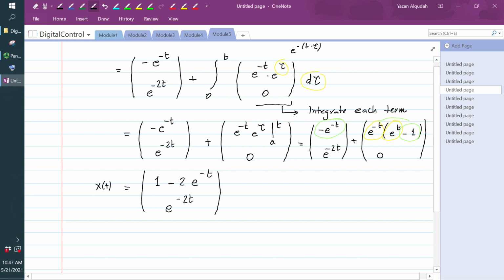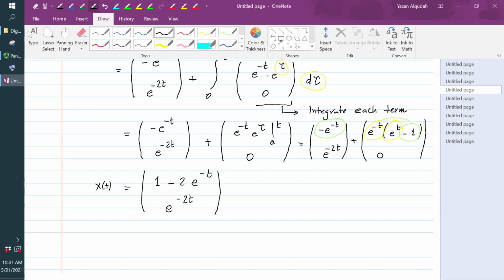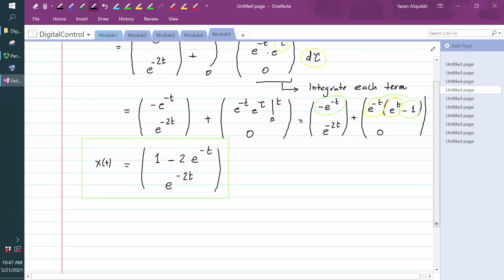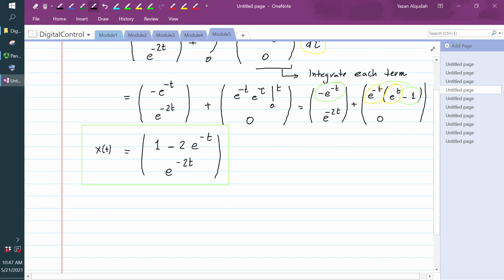So here you can see that I calculated the states. So in my system, now I know inside the system how all the states are behaving. Not only the output, I know the states inside the system, how they're behaving.